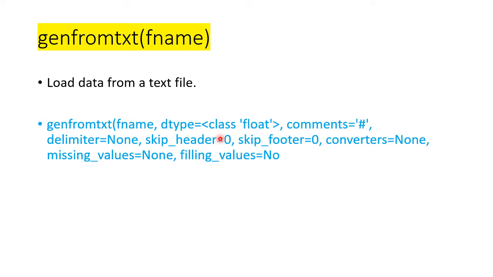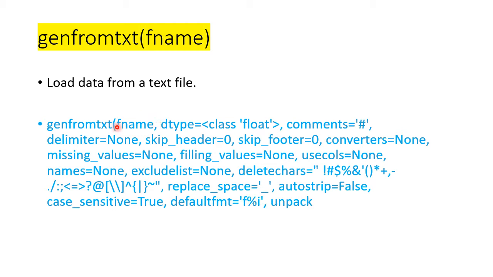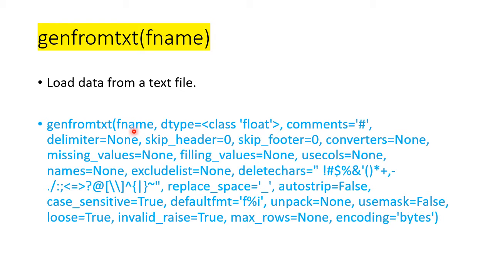As in the case of savetxt, you can see so many default arguments, but there is only one compulsory argument, that is fname. fname stands for the file name where we have stored the array.